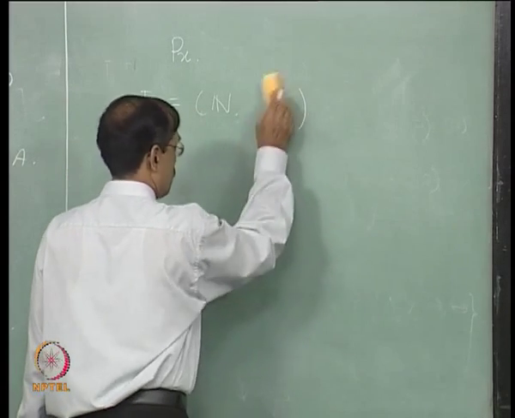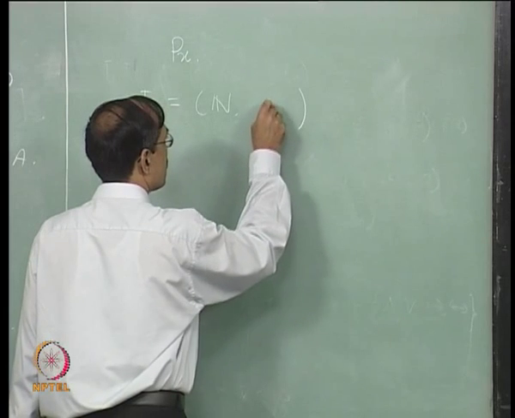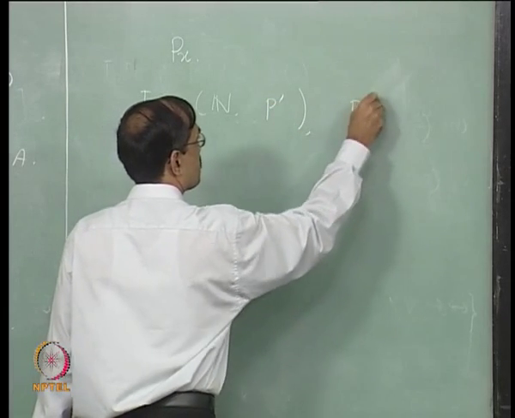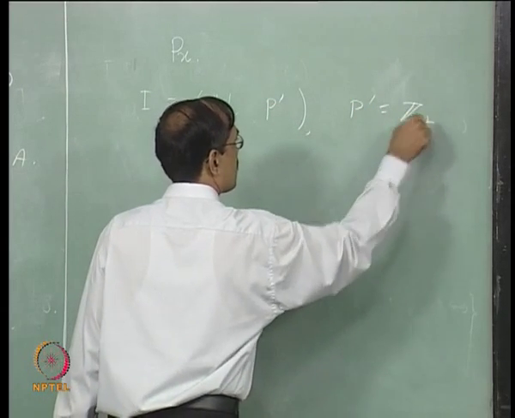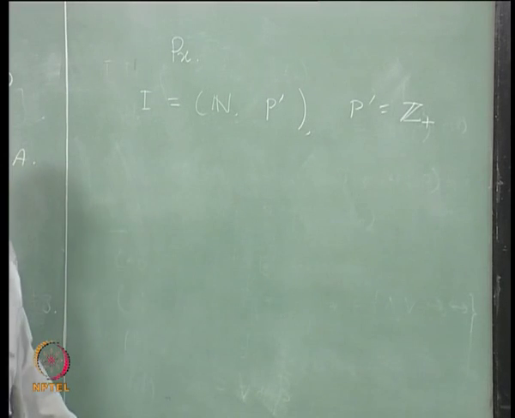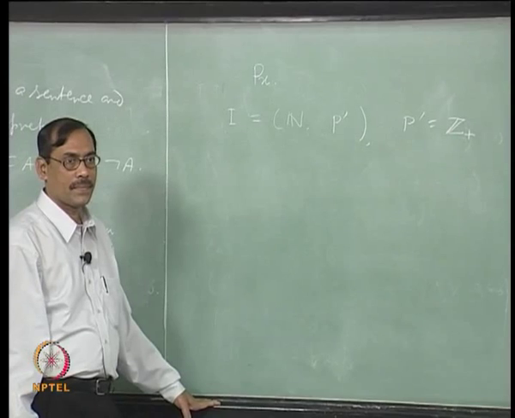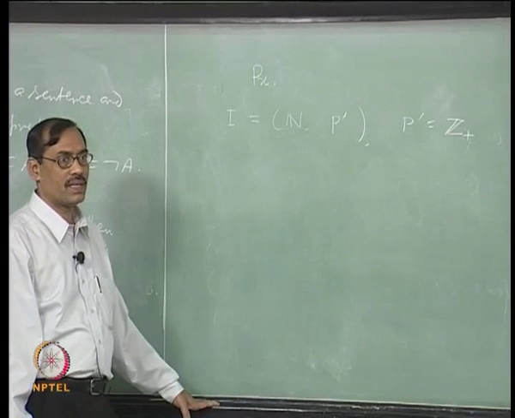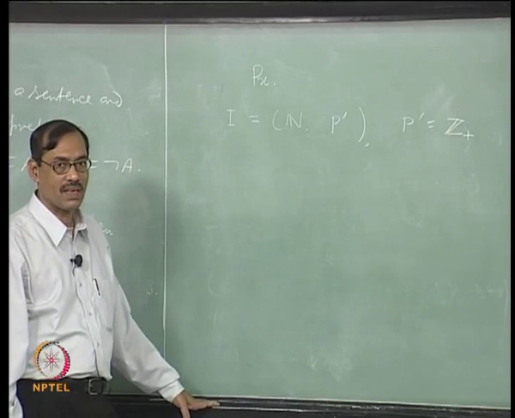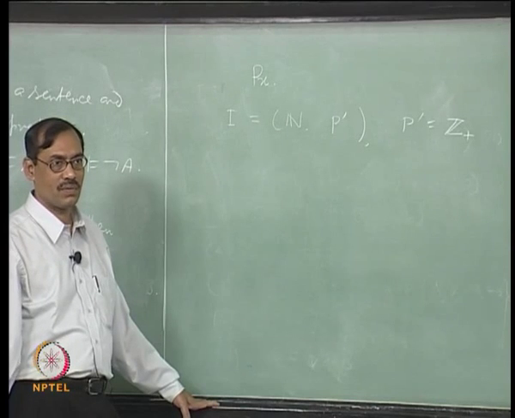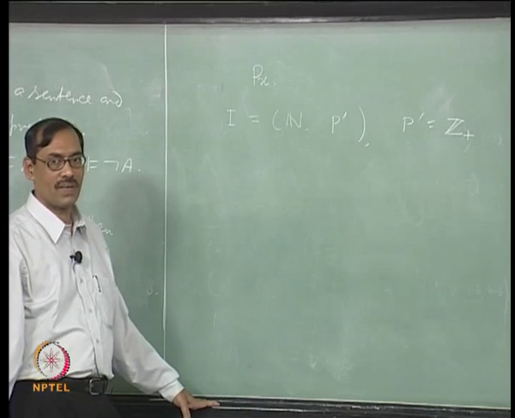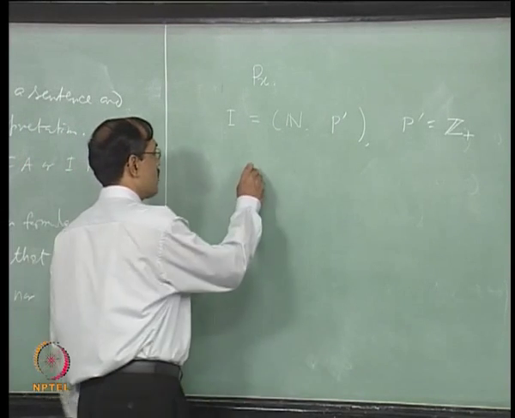Well, it does not show exactly. So, let us write P prime, and P prime is Z plus, the set of all positive integers. Now, P x, how is P x interpreted? It is never interpreted. You need a state to interpret it. L of x should be specified. So, what is L of x?